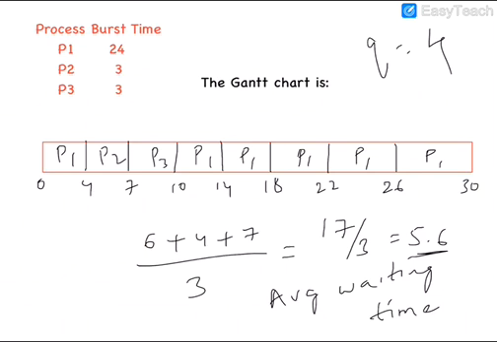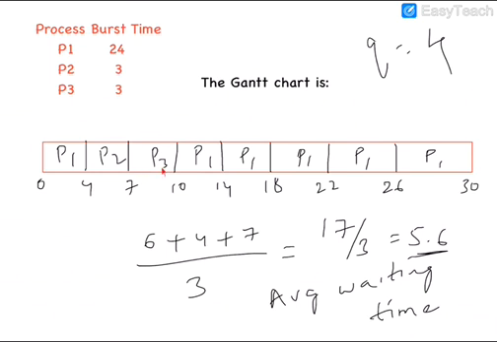Once 4 units of time have elapsed, P1 will be preempted from the processor, and the next process P2 will be assigned to the processor. P2 requires only 3 units of time, and the time quantum is 4, so P2 will finish in 3 units of time. So 4 plus 3 is 7. The next process in the ready queue is P3, which also requires 3 units of time.